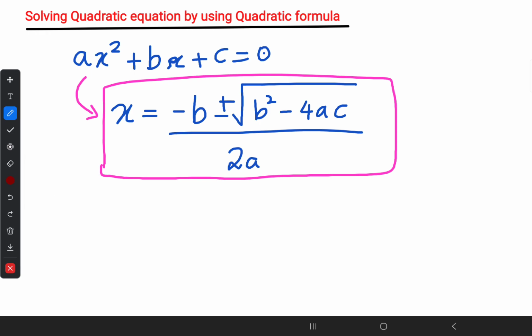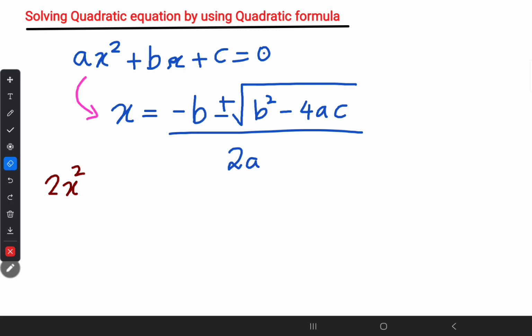Let's use an example. By using an example, I will explain this question. Here we have 2x square. This is the formula. Let's apply this formula to the new equation 2x square plus 7x plus 3 equals to 0.